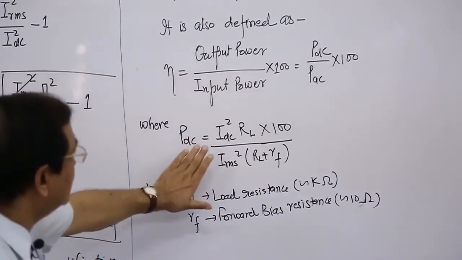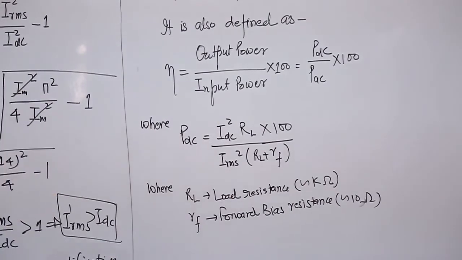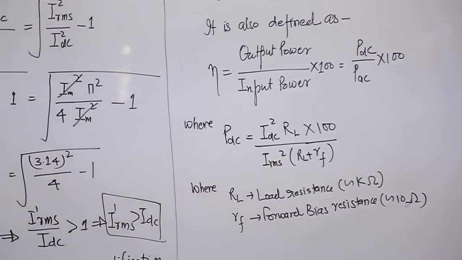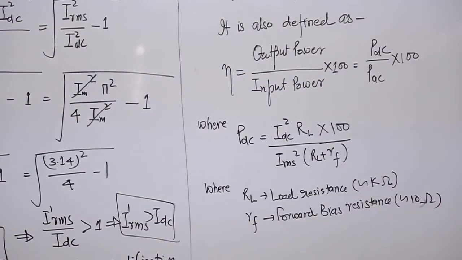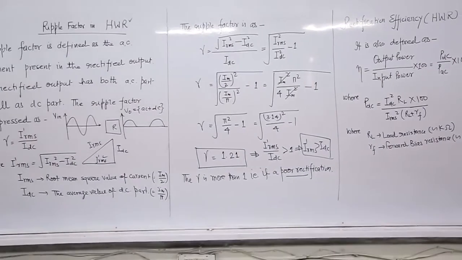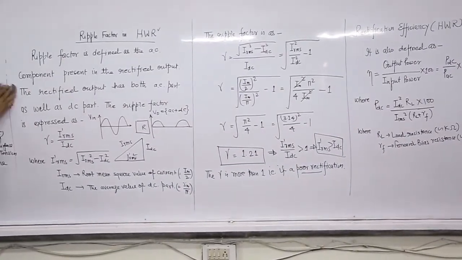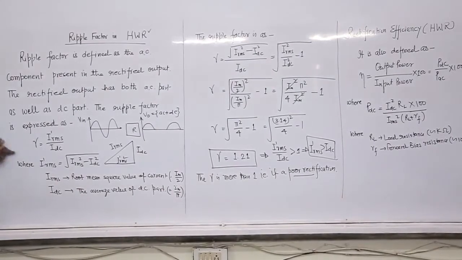So, substituting the value of this IDC and IRMS from the rectification part, then we can find the efficiency of the half wave rectifier.